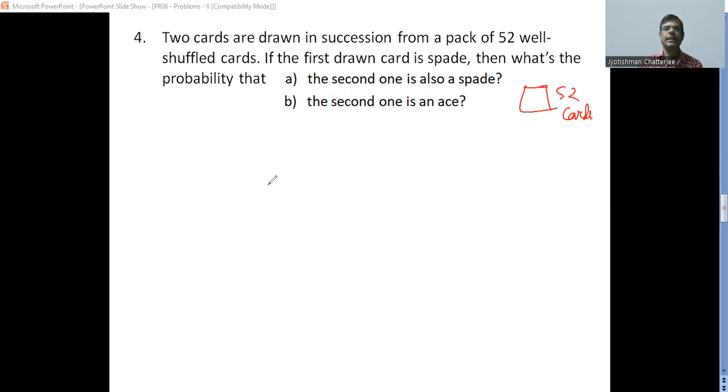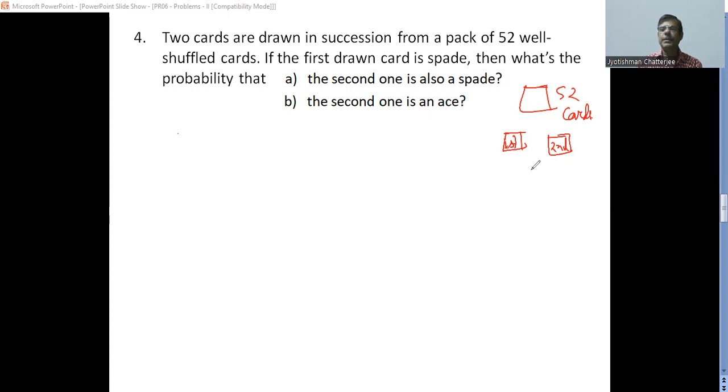That's important, in succession. That means one by one. So here is the first card, and here is the second card. And it's being done randomly.